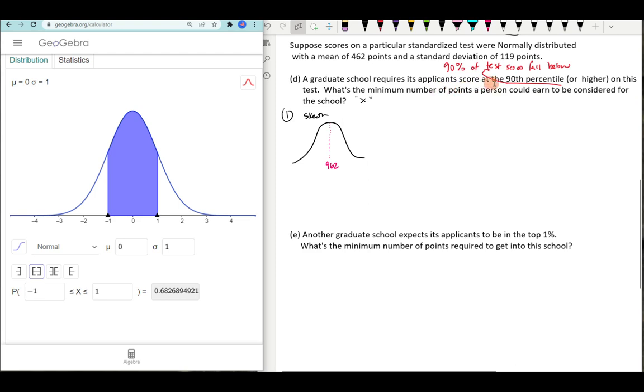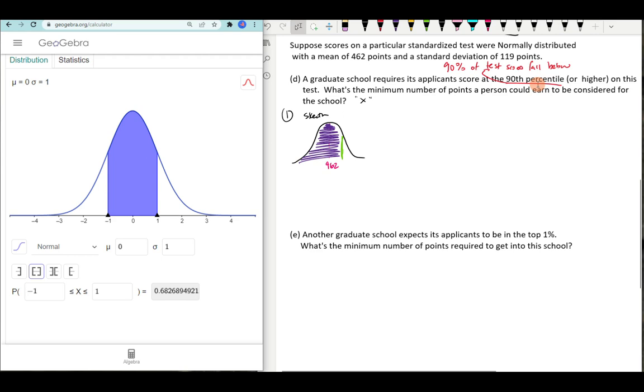So scoring at the 90th percentile means that I want to know what score does someone need to have so that the probability that someone falls below that score is 90%. In pictures, the reason why I'm shading something below is because it is a percentile. That is kind of the definition of percentile. It's falling below.